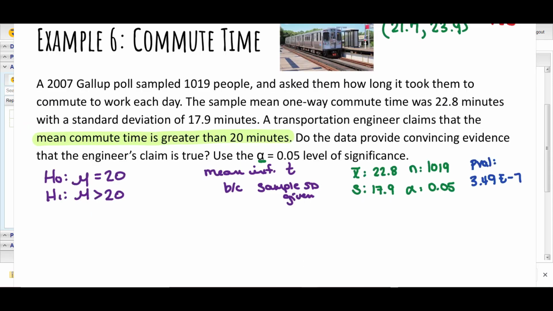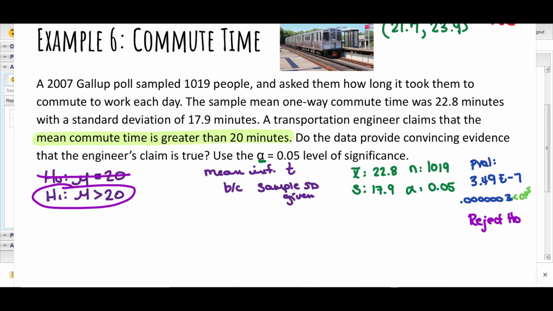What that means is this is really moving the decimal over to 0.0000003. And that is definitely less than any significance level, in this case 0.05. So if it is less, we're going to reject the null.